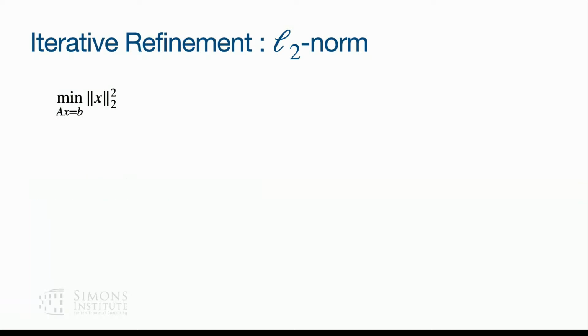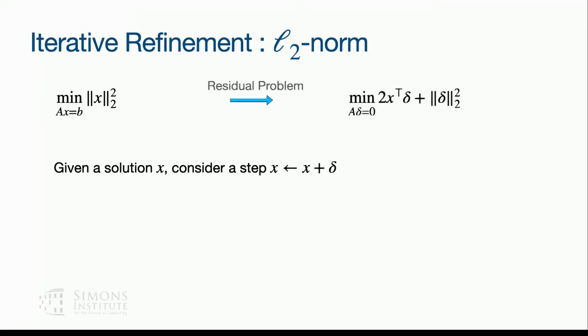Okay, so iterative refinement was originally studied for just the L2 norm problem. It just means that if you're at some point x and this is your problem, you take a step, you go from x to x plus delta, you can reduce this to just solving this problem, which is just a quadratic problem, and we'll term this the residual problem.